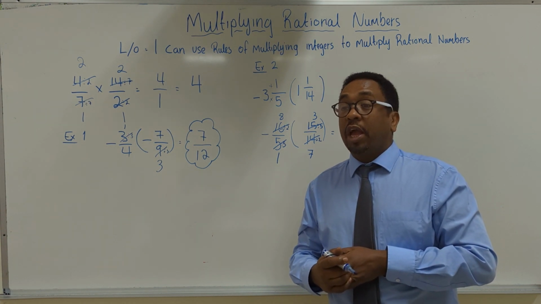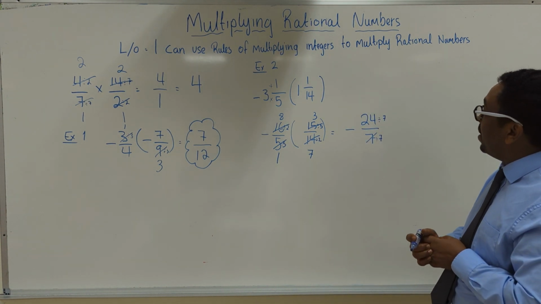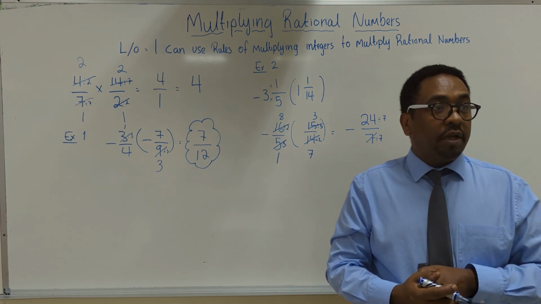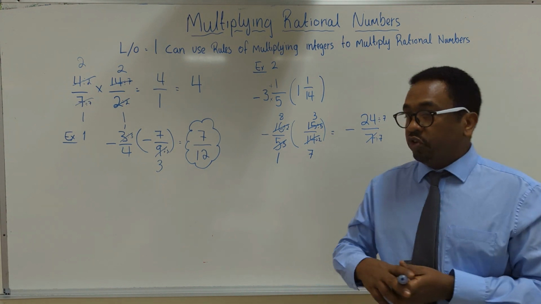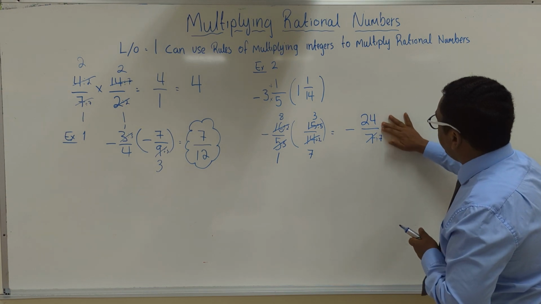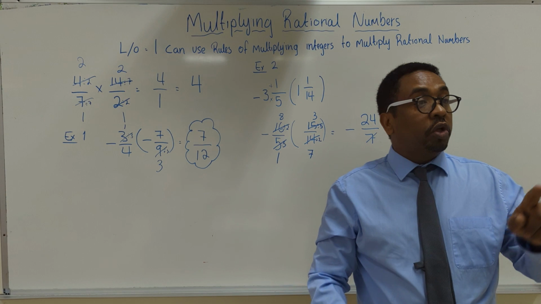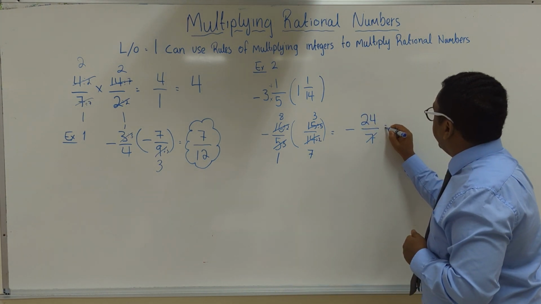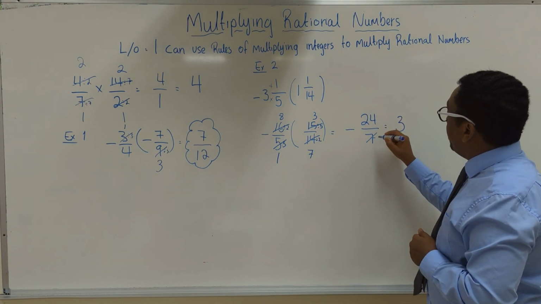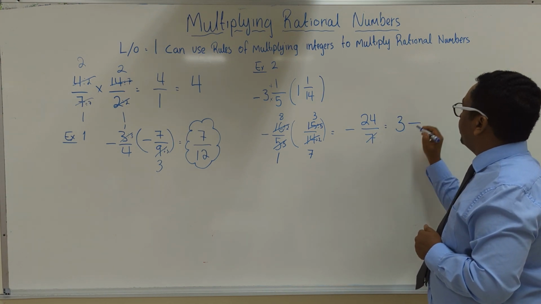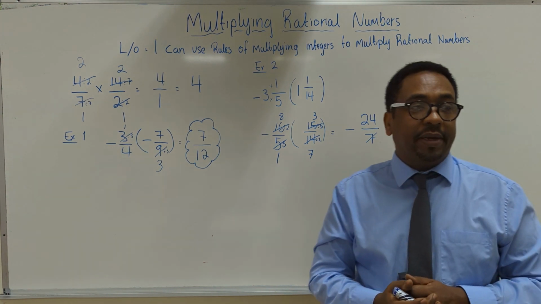Can we divide both sides by the same number? No. So what do we have to do? How many 7s are in 24? 3, you're right. So we have 3, but there will be a remainder. What is the remainder?